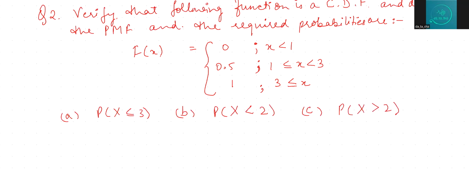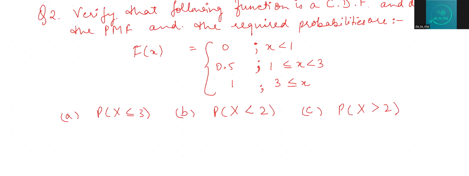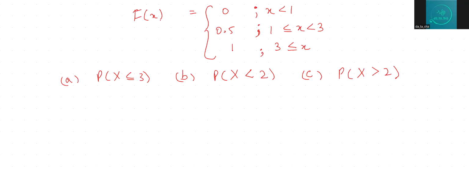Now, to verify whether it is a CDF or not, we can clearly see that F of x is lying between 0 and 1. And if x is less than or equal to y, that means we are talking about 1 and 3, so their F of x is also less than or equal to F of y. So clearly we can say that this is a CDF. Let me just write the answer here.